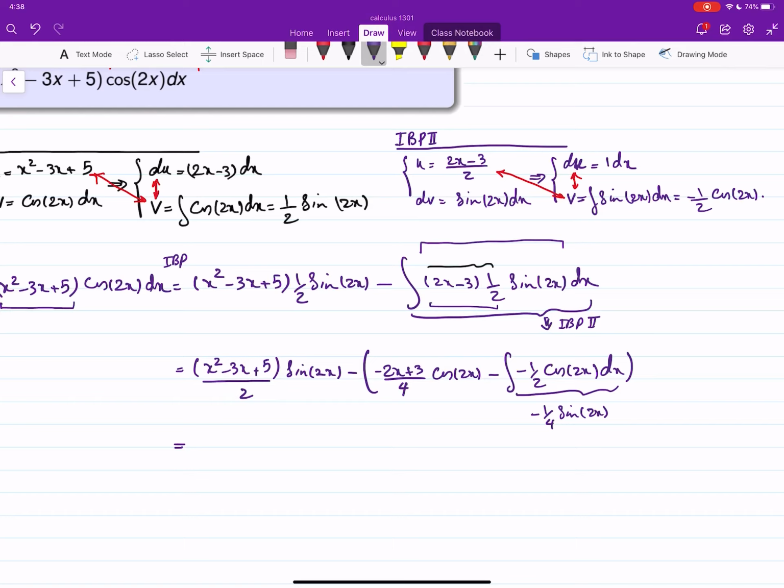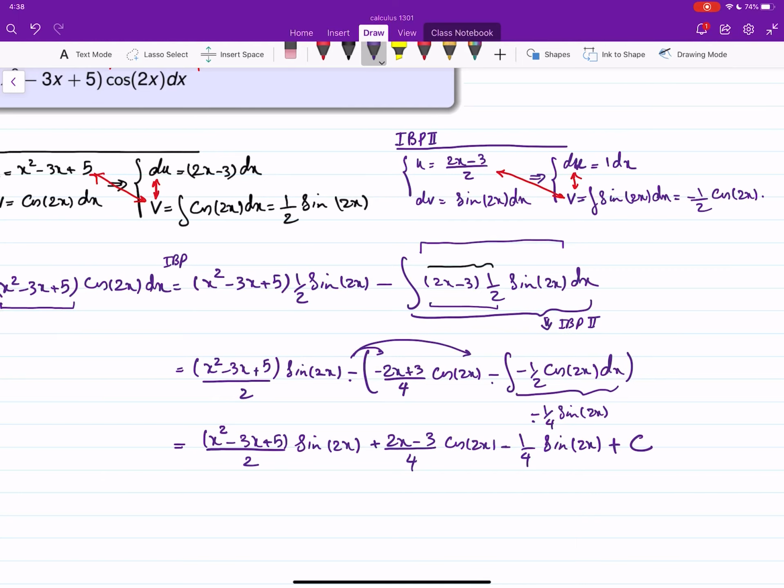So all together we are going to have x squared minus 3x plus 5 over 2 sine of 2x plus 2x minus 3 over 4 cosine of 2x. I'm multiplying that minus sign inside. There is a minus times a minus, so the whole thing will be negative 1 over 4 sine of 2x, and then here I need to put that plus C.